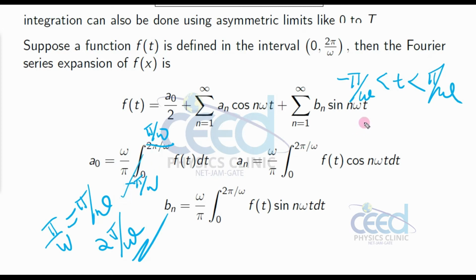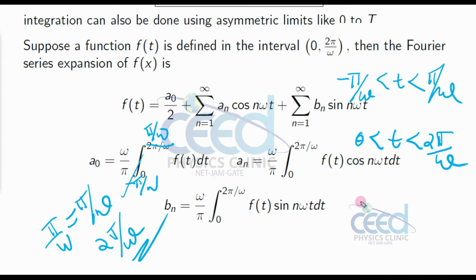If the function is defined for 0 less than or equal to t less than or equal to 2 pi by omega, we can split this interval into different formats as per the interval.